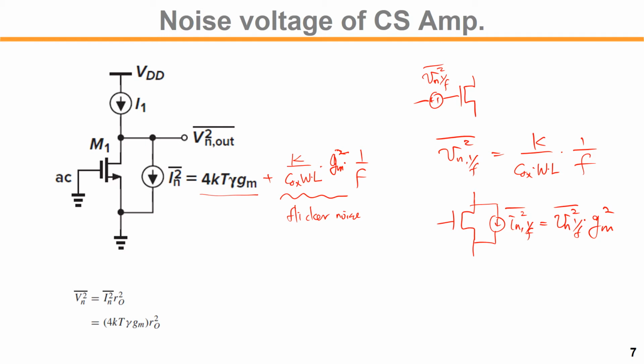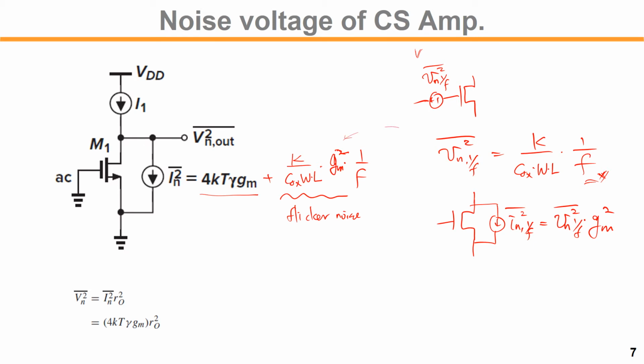Do not be confused with the flicker noise. Here we found it with the voltage source in series at the gate, so the noise voltage was that. We have to convert that into current.